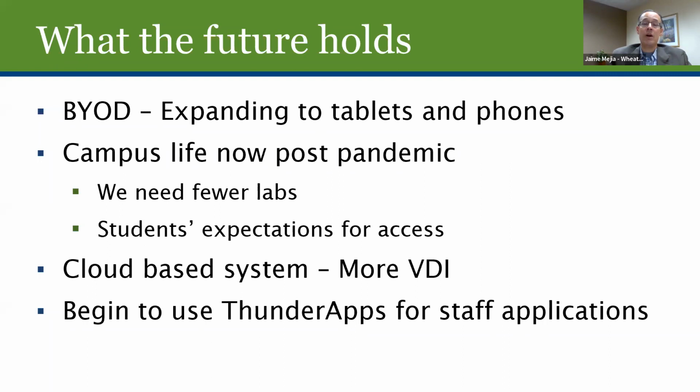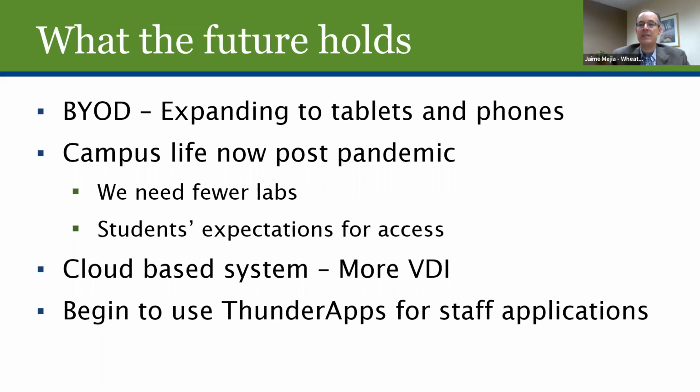One of the things that we have is some faculty required to have labs and computers in the labs. What we are doing is just making those labs with Microsoft Windows and Office, and everything else is through Thunder Apps.